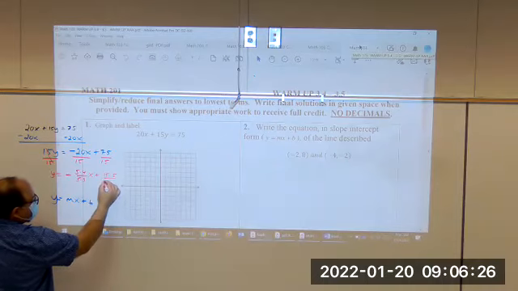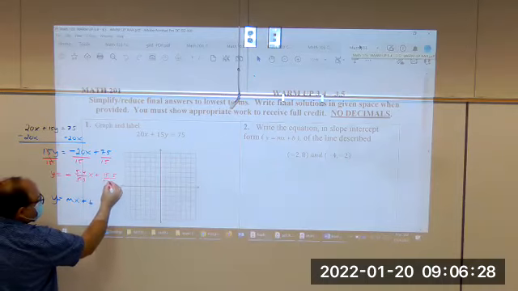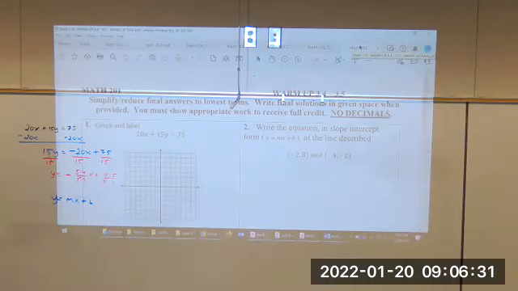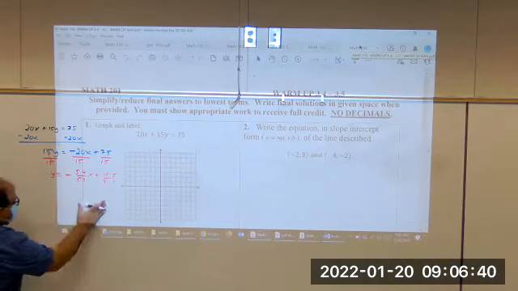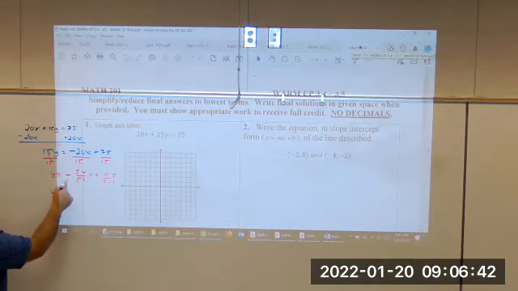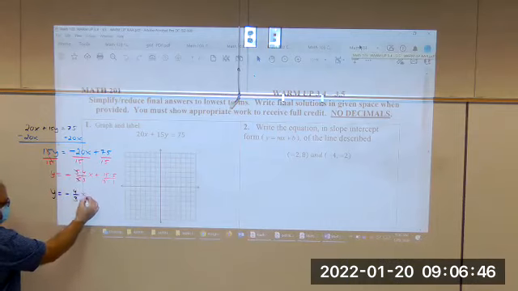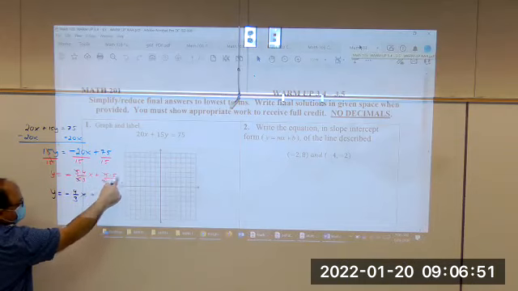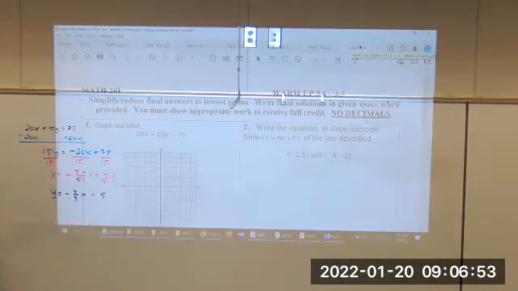And this is 15 times 1. 15 goes into 75 5 times, goes in evenly. So now what I have here is y equals a negative 5 reduced, negative 4/3 x, and then a plus with 15 reduced, 5/1 is just 5. So there's the slope-intercept form for my line.